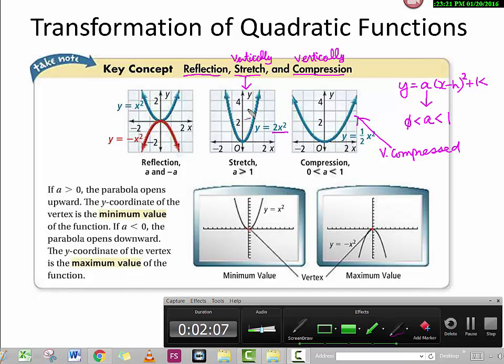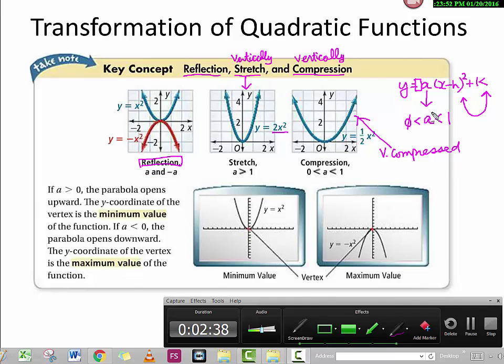The last transformation that we're going to learn is reflection. Reflection refers to the sign here. Without any sign, it's positive. When it is positive, it opens upwards like this. But when the sign is negative, we call this reflection.